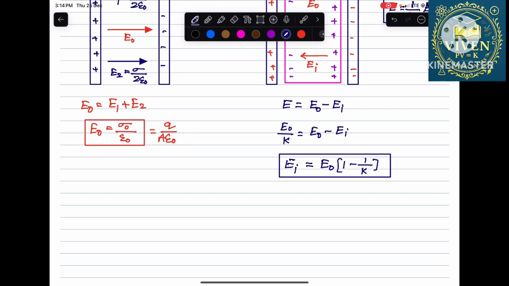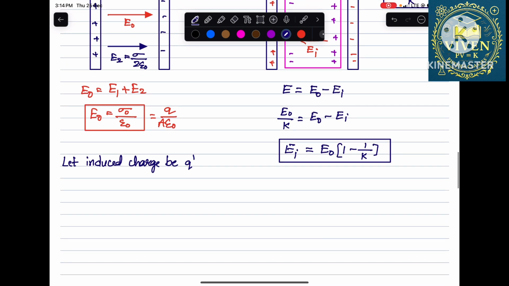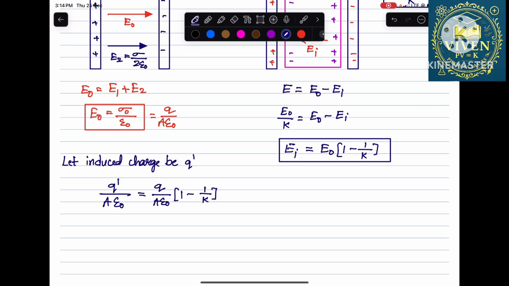Let the induced charge be Q dash. Therefore EI can be written as Q dash by A epsilon naught, same area and same medium, and this is also equal to E naught into 1 minus 1 by K, that is Q by A epsilon naught into 1 minus 1 by K. From this I get the induced charge Q dash equal to Q into 1 minus 1 by K. So the charge changes by an amount 1 by K. You need to identify this K value.